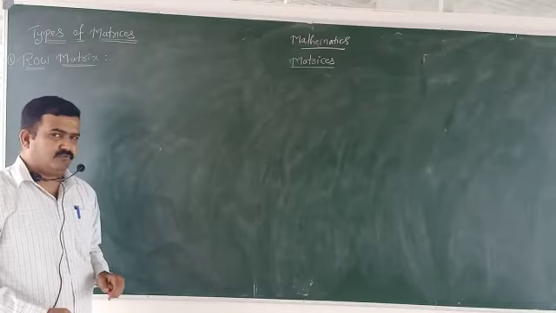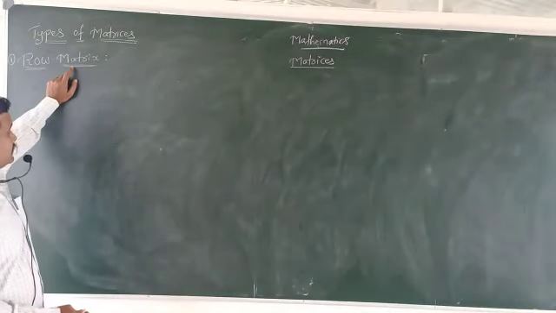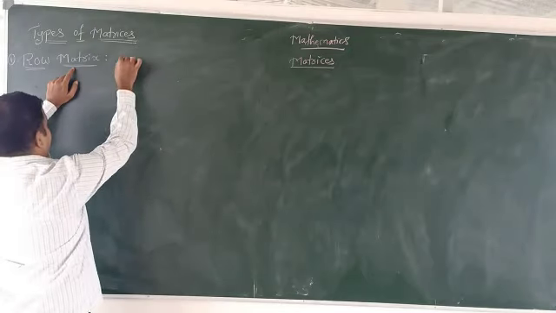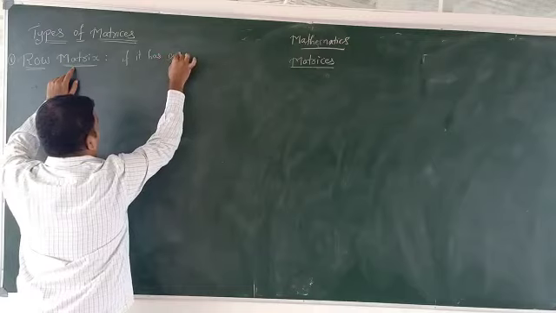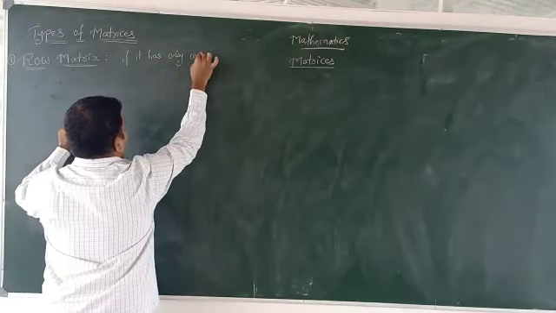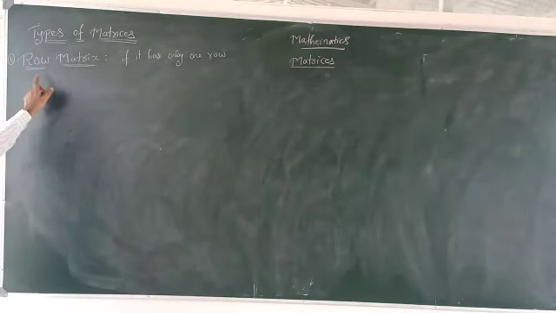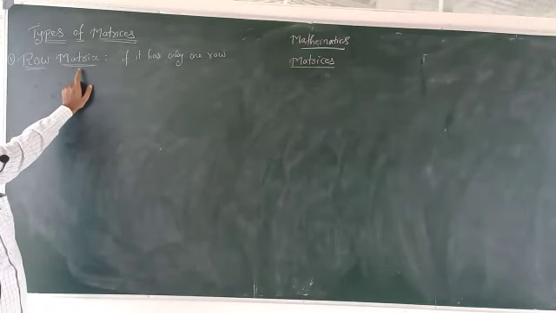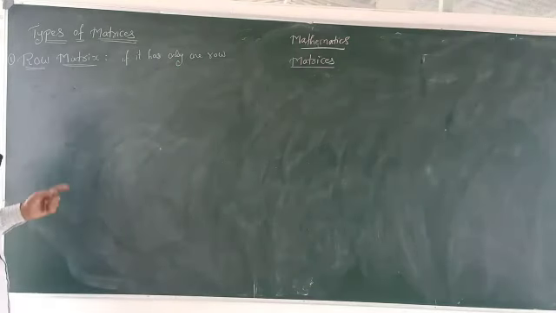The definition of a row matrix, as the name itself suggests, is that if a matrix has only one row, a single row, then it is called a row matrix.